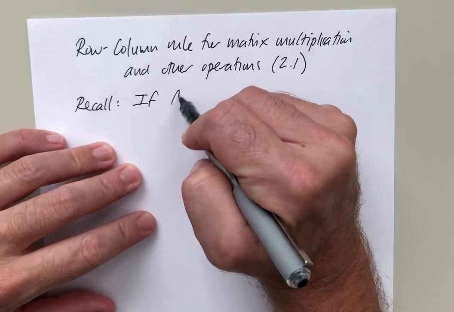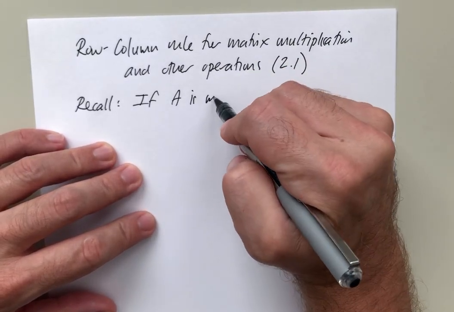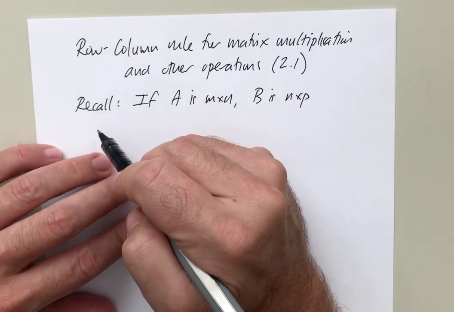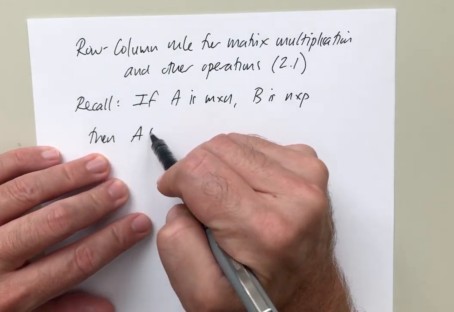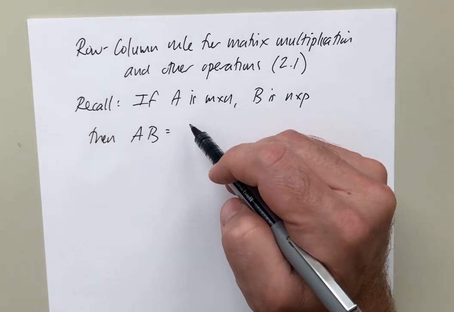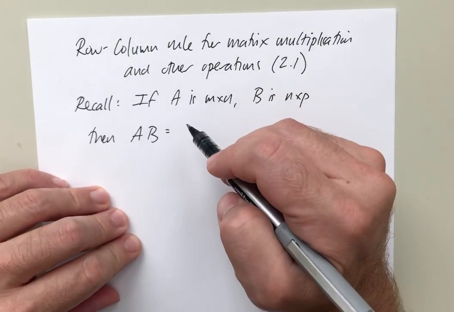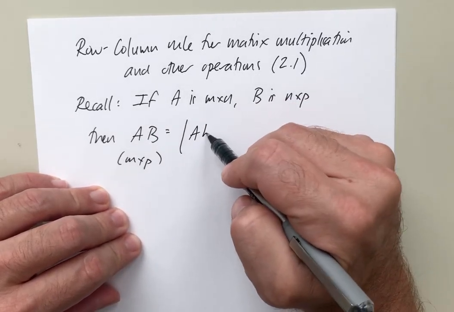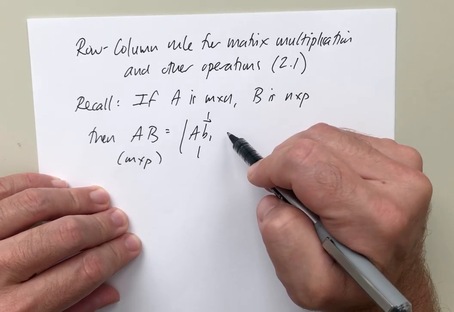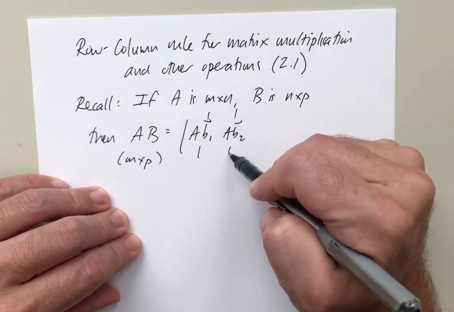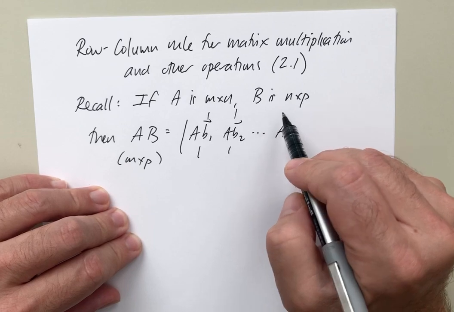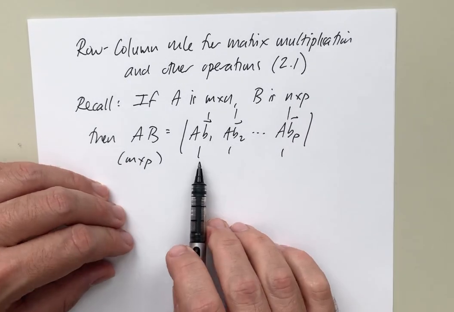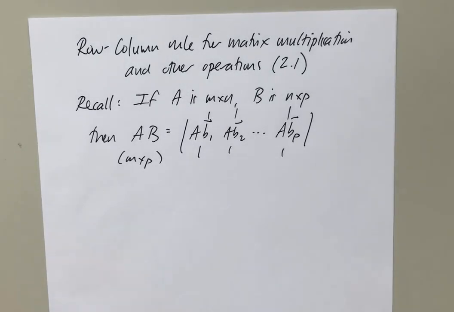If A is m by n and B is n by p, we can make sense of AB as, by definition, an m by p matrix, where I get the columns by taking A times the columns of B. So this will be the first column. The second column of this new matrix is A times B2. I do this for all of the columns of B, of which there are p many, and I get a new matrix. This is how we defined things last time.